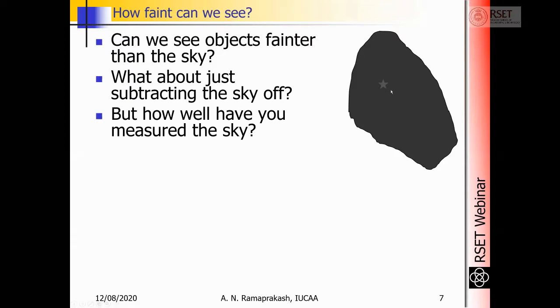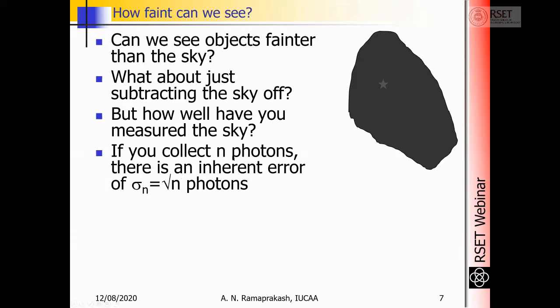There is a limitation because any measurement you make is subject to certain uncertainty, certain error. If you are making photon measurements, measurement of light, how much light comes from a region of the sky, there is an uncertainty in measuring the number of photons you collect. This is the natural behavior of photons.